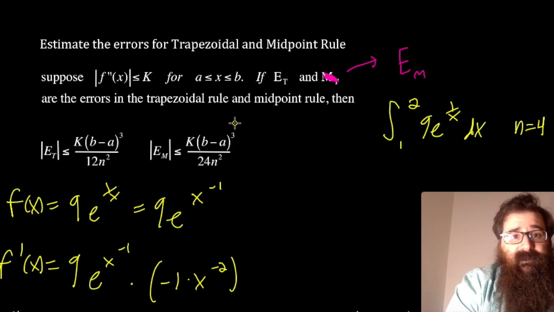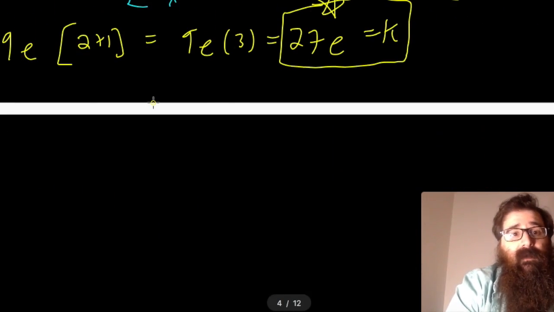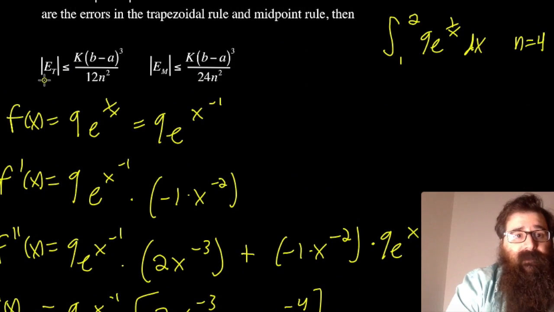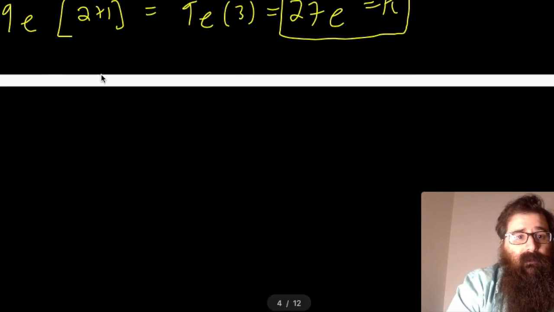So now we can use this to find the errors associated with trapezoidal rule and midpoint rule. Now we have k is 27e. So we have these formulas we can work with. Let's do trapezoidal rule first.